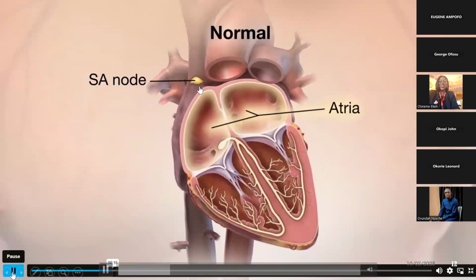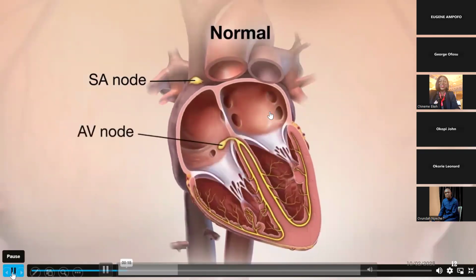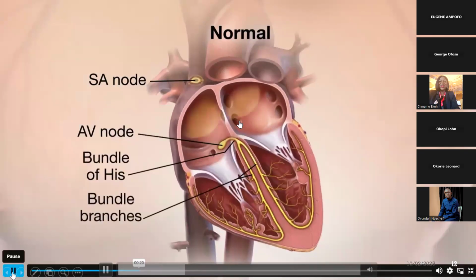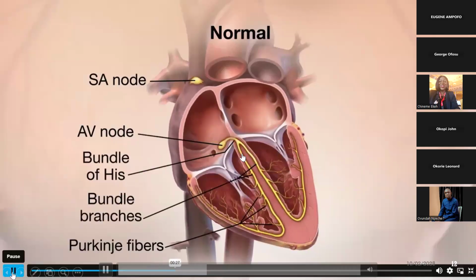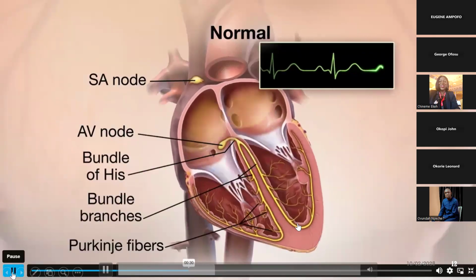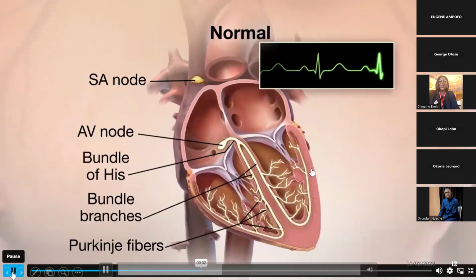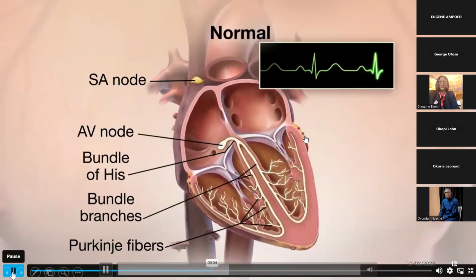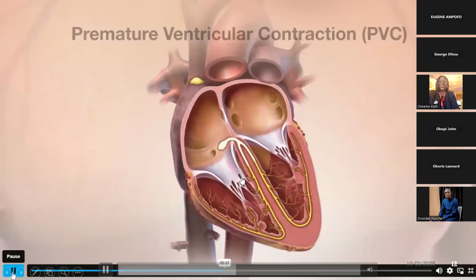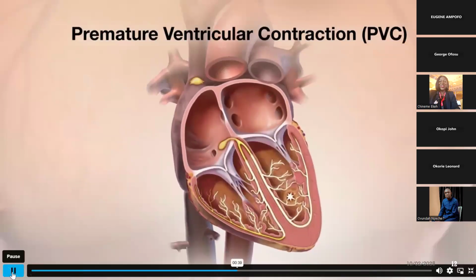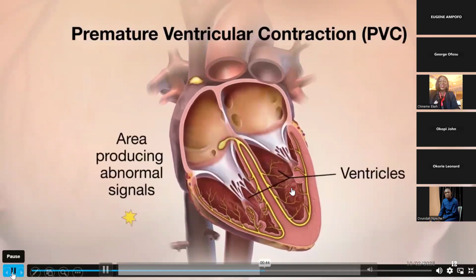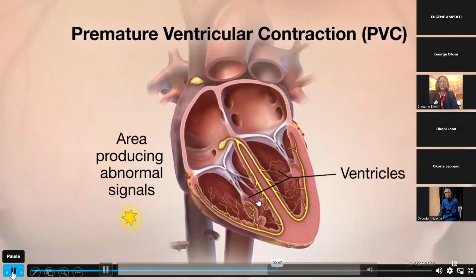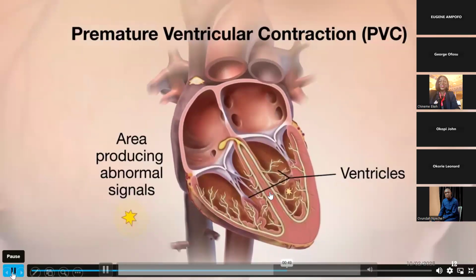We can see the SA node firing, causing the atrium to contract, the AV node being activated, and the impulses going through the right bundle and the left bundle in a normal heart, and the heart is contracting normally. What we are seeing now is a PVC, which is fired in the left ventricle and causing abnormal contraction of the left ventricle.